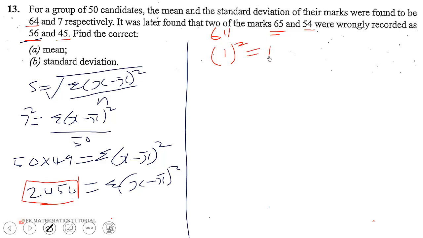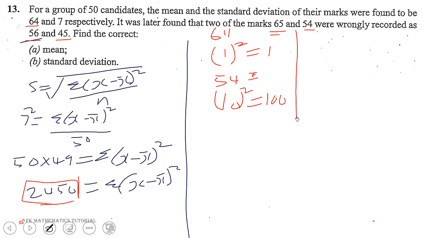Then for 54, the distance from 64 is 10, and when you square it, you get 100.